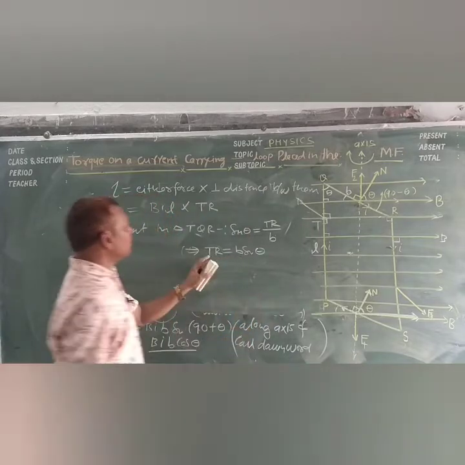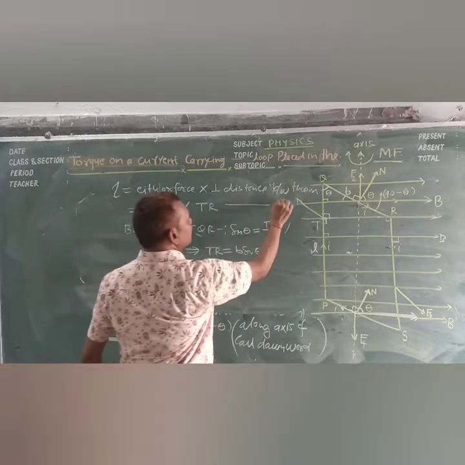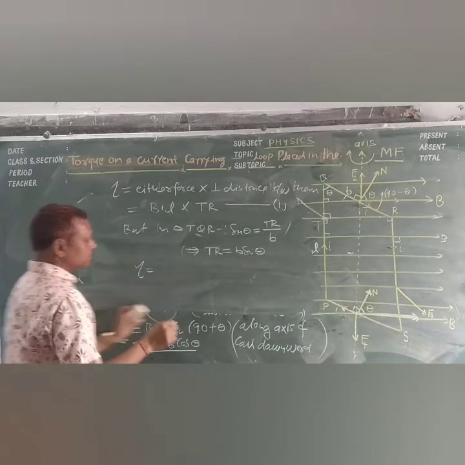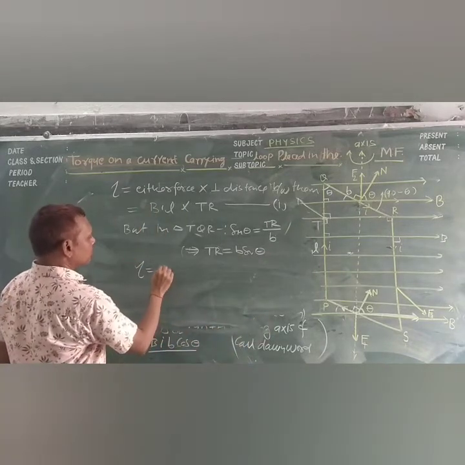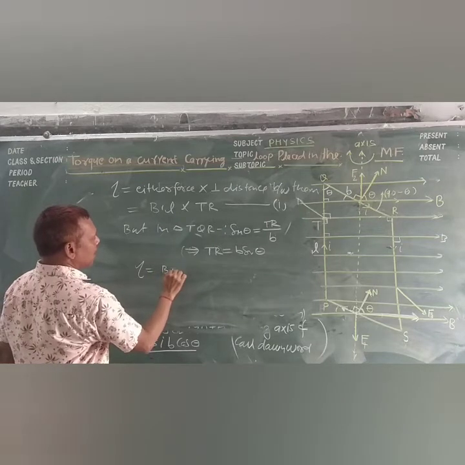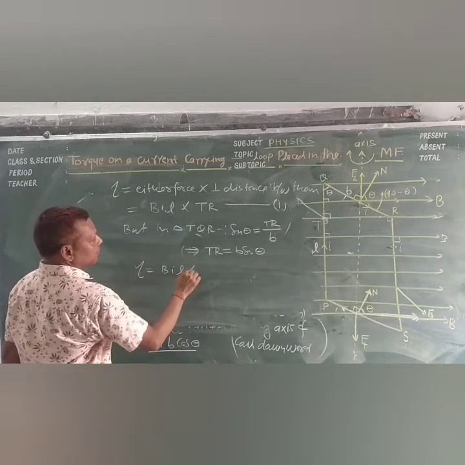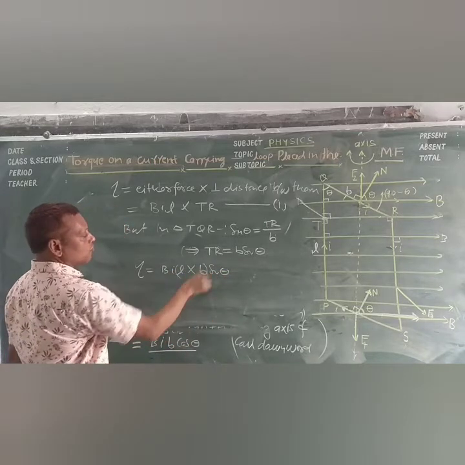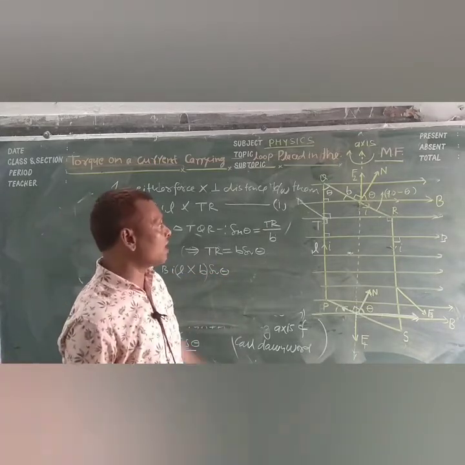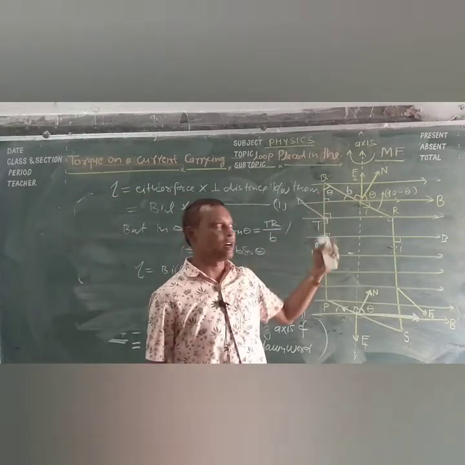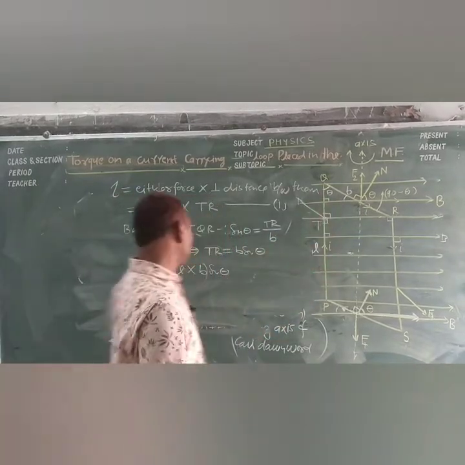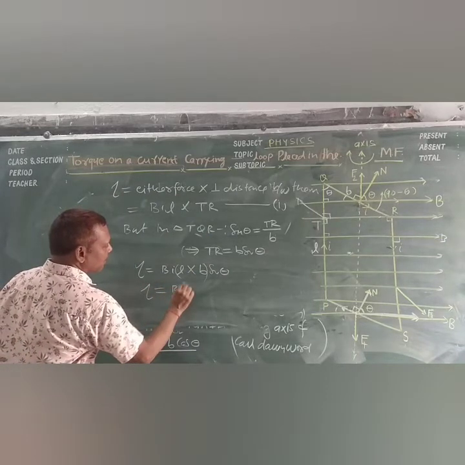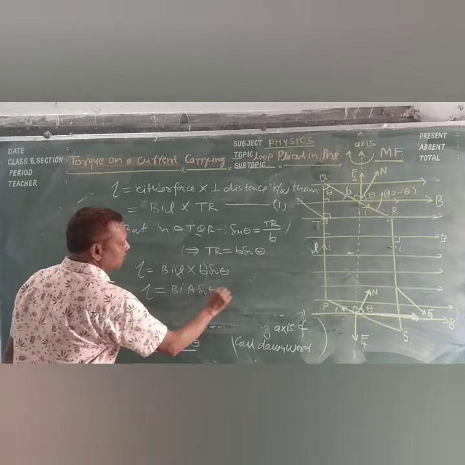So putting the value of PR in equation first, we get tau equal to BIL into b sin theta. But L into b, L is the length of the rectangular coil, b is the breadth, so L into b becomes the area of the rectangular coil. So we can write tau equal to BIA sin theta.